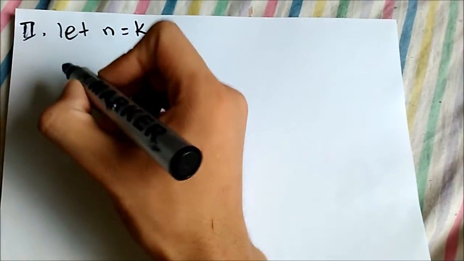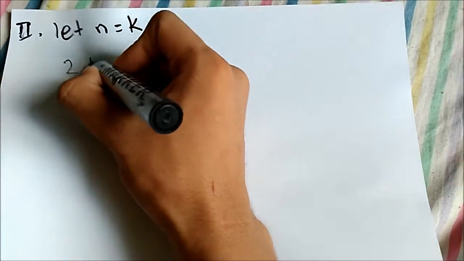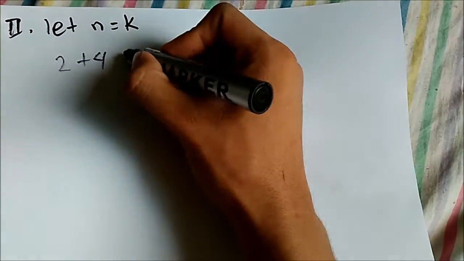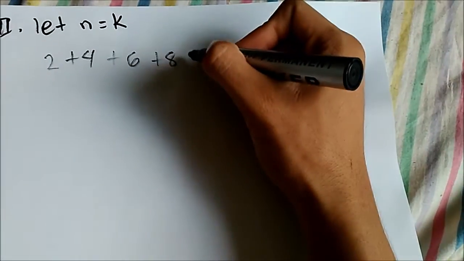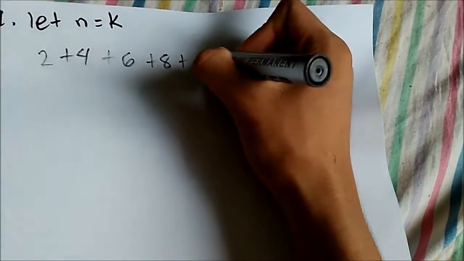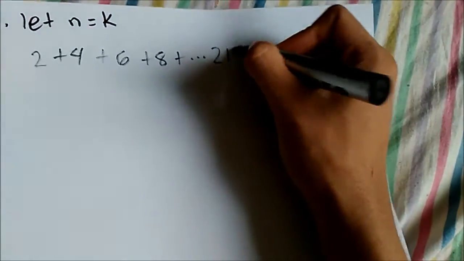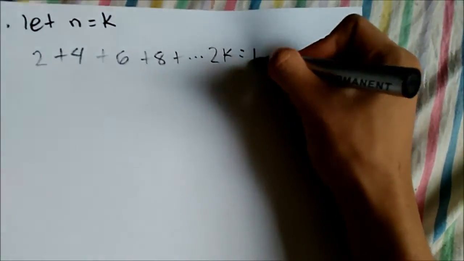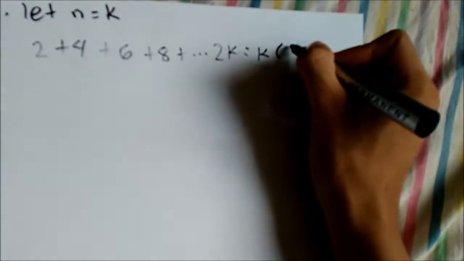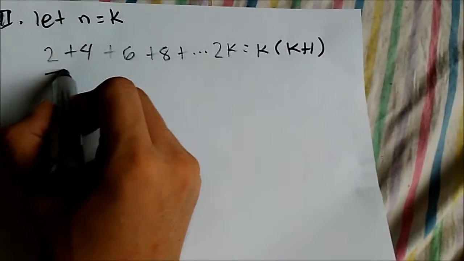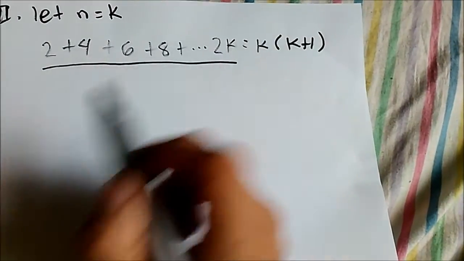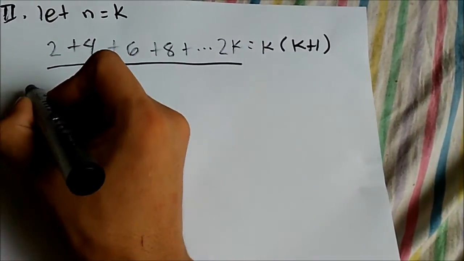Then let's move to the next part. Second part, let n be k. 2 plus 4 plus 6 plus 8 plus 2k is equal to k times k plus 1. So your 2 up to 2k is your conjecture, and it is equal to k times k plus 1.